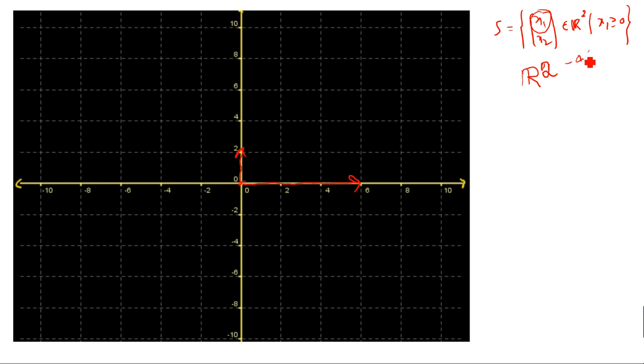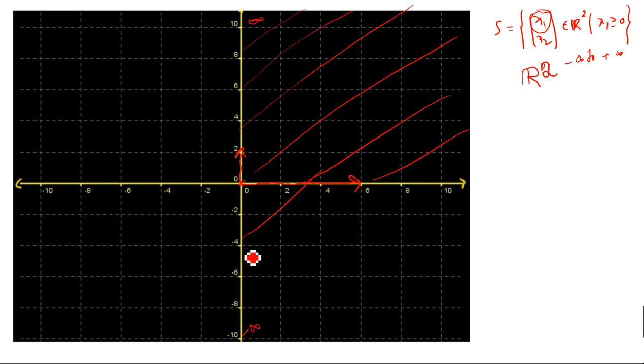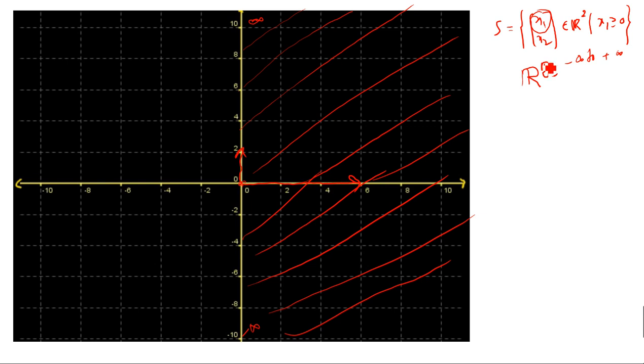It can vary from minus infinity to plus infinity, while x1 is varying from 0 to plus infinity. That means the given set of vectors falls in the first as well as the fourth quadrant because of the given conditions. And they are asking, is the first and fourth quadrant a subspace of a space of two dimensions? That is the question asked here.